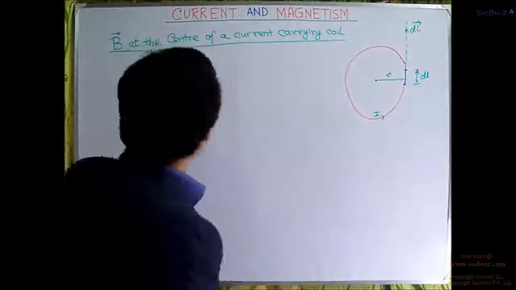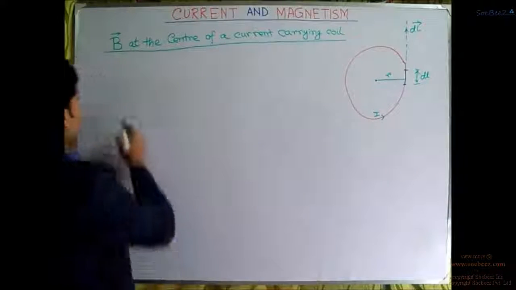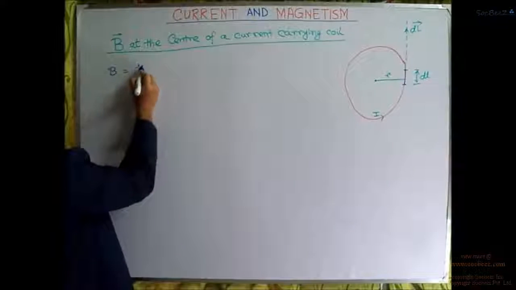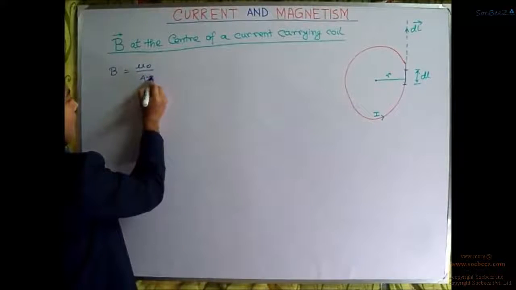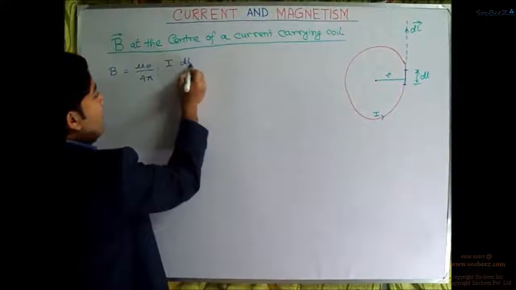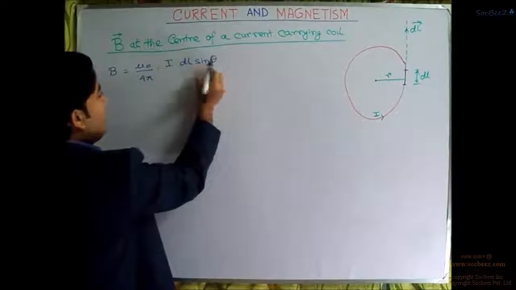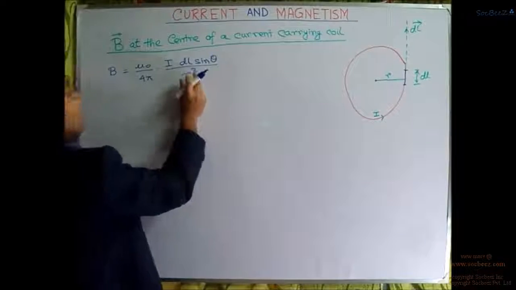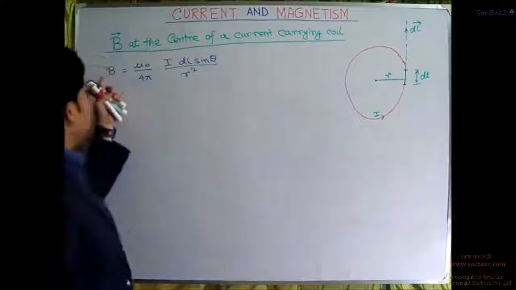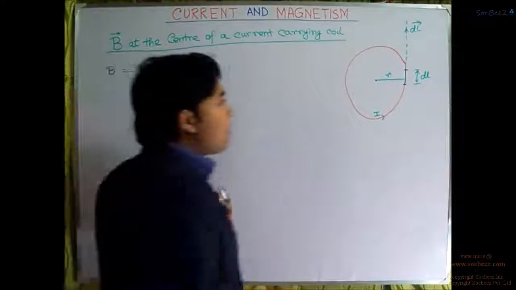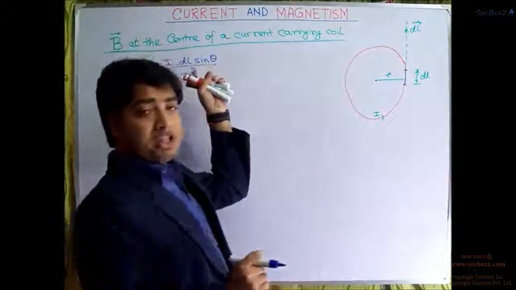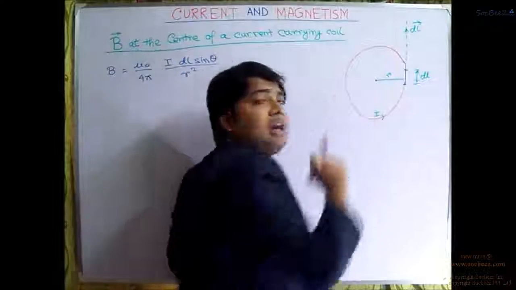Now let us deduce. As we know, B is equal to mu naught divided by 4 pi multiplied by I dl sine theta divided by r square, where r is the distance. Now look out, this will be dB, because this is dl. Whatever we are calculating for this dl will be for this small length.